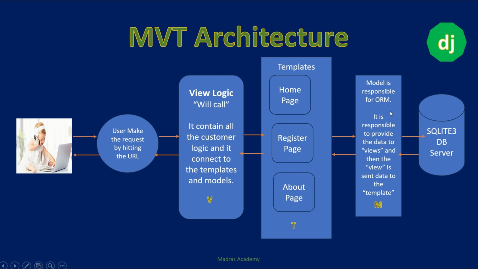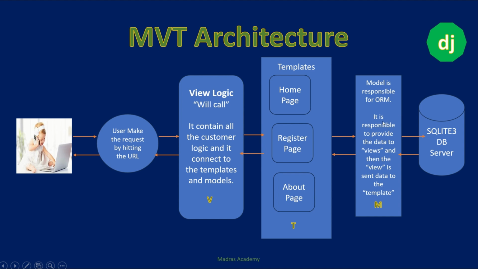And here we have an ORM, that is object relational mapping. This is what communicates with the database. The template will not directly communicate with the database, and the view will also not directly communicate with the database. So this view calls the model to communicate with the database.